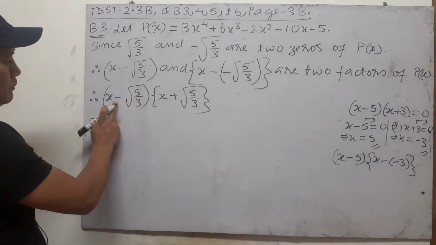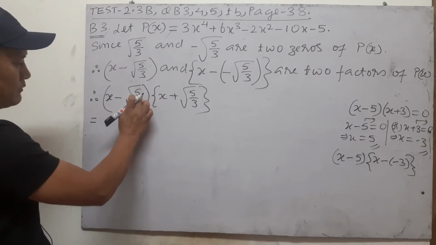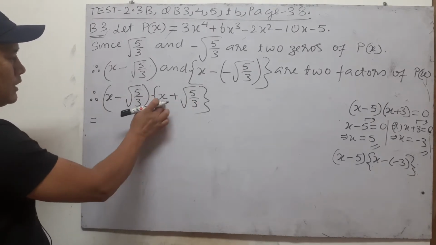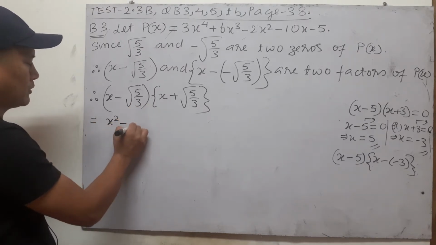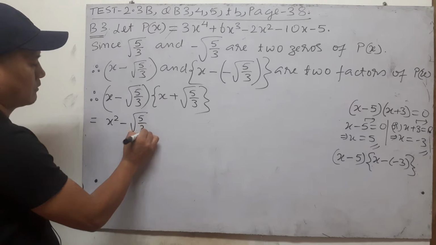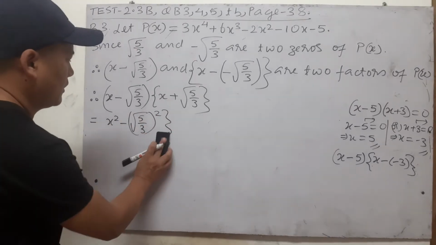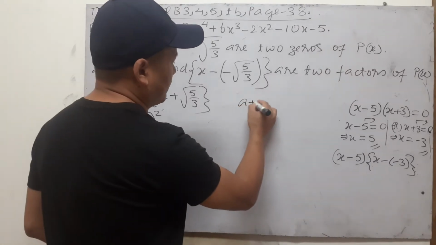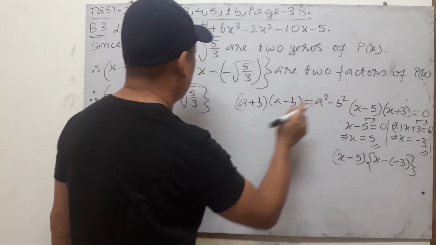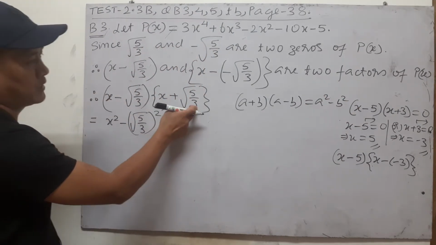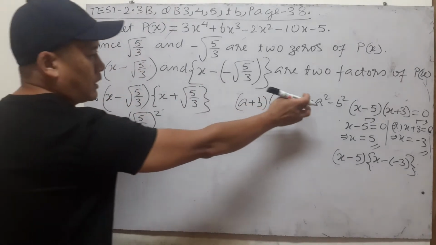So here a minus b into a plus b, because this is the same x, root 5 by 3, root 5 by 3, so a and b. So a minus b into a plus b we know is a square minus b square. We know this formula, right? Very common formula. A plus b into a minus b, or a minus b into a plus b, same, equal to a square minus b square.